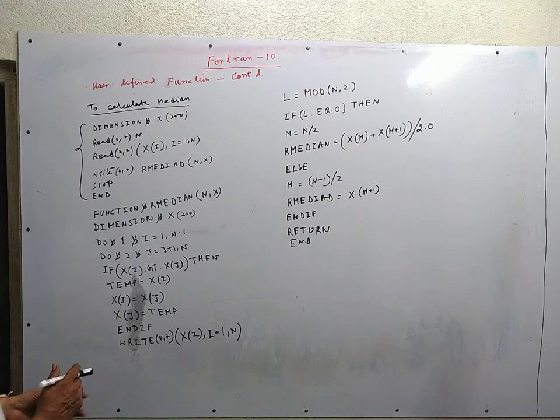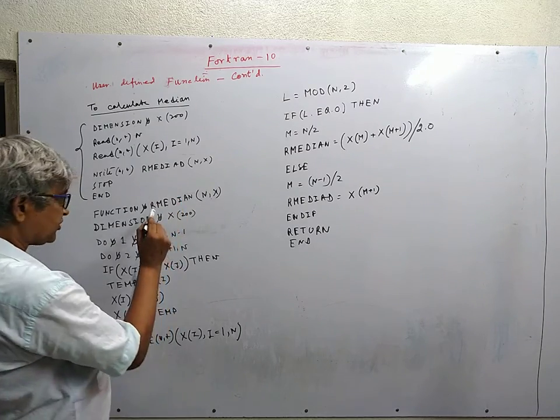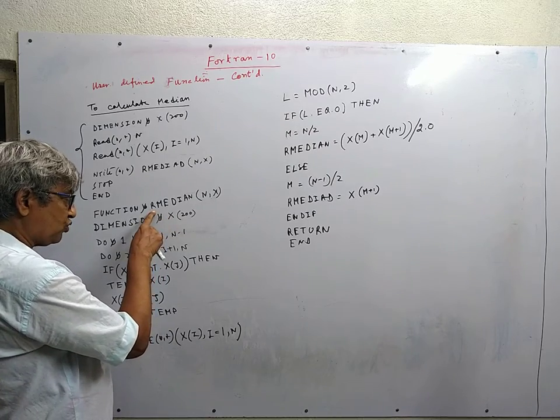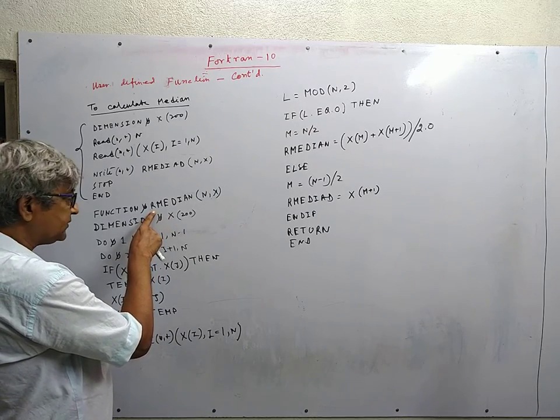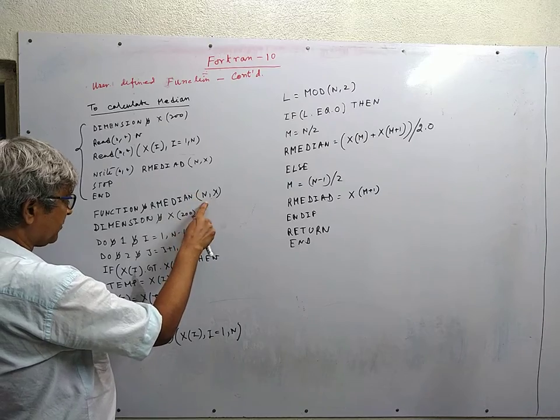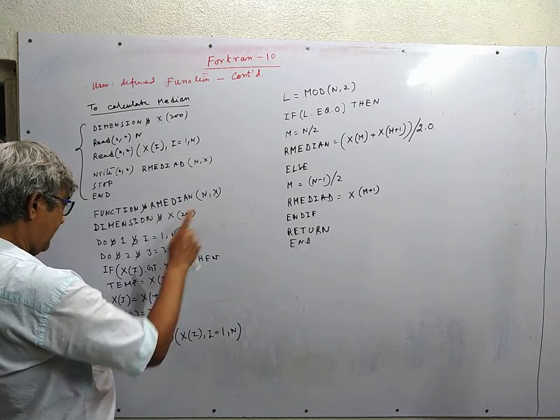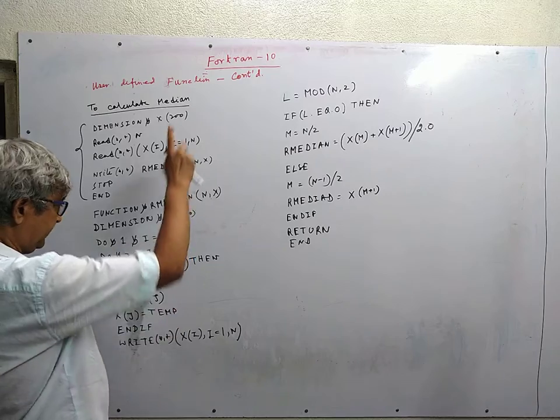Here comes the subprogram. The subprogram is named rmedian. R is added so that the median is a real quantity. Its input is the number of data, and the data itself, the same dimension has to be used.